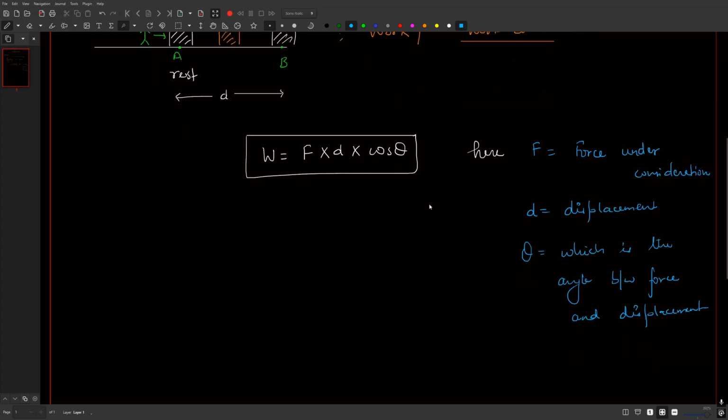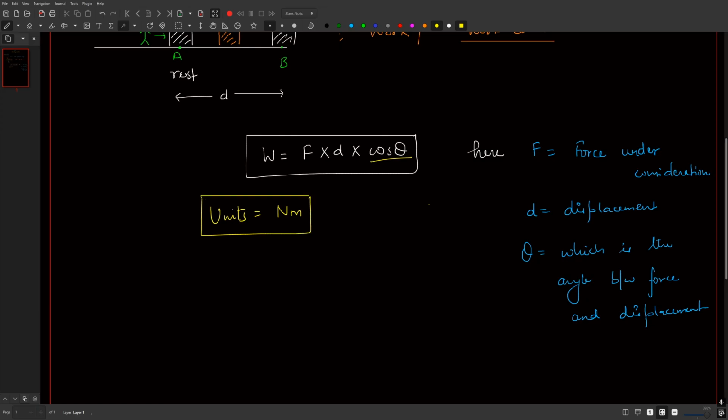That's what work is. Now, since work is a physical quantity which we can calculate, that means it must have some unit. So the units you can figure out just from the expression itself. What are the units for force? Newtons. And what are the units for displacement? Meters. Cosine theta is unitless, so the units for work done is simply Newton meters.